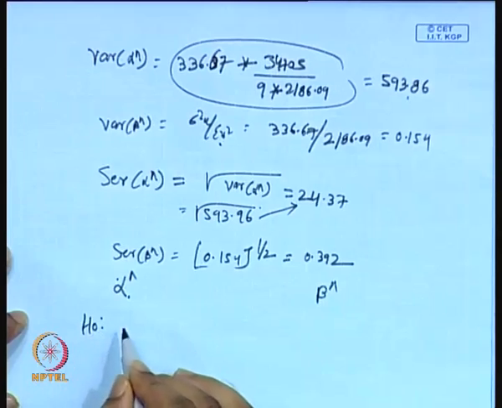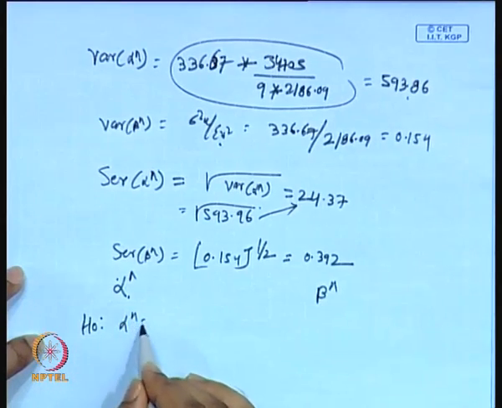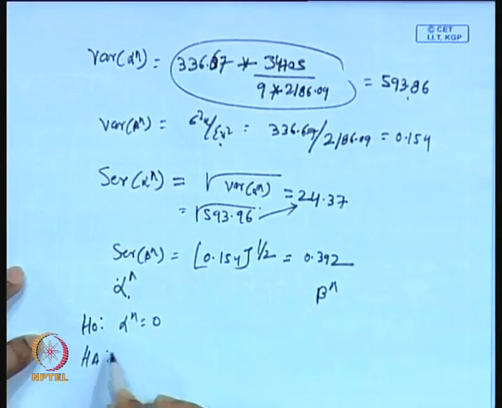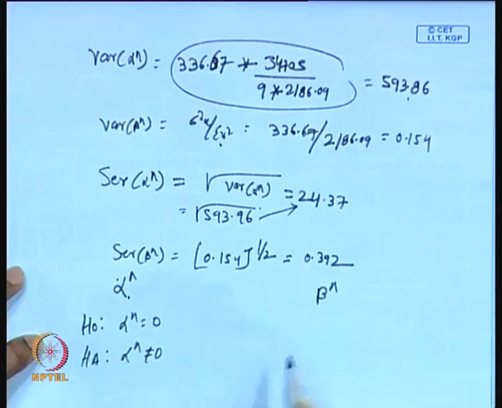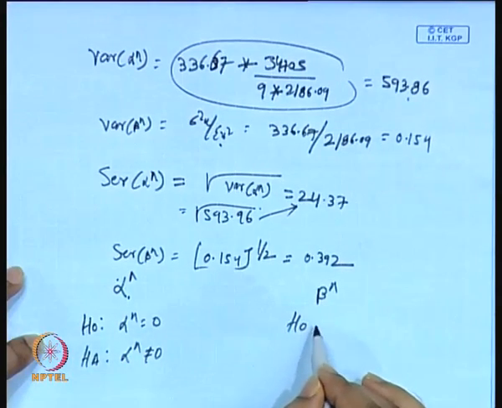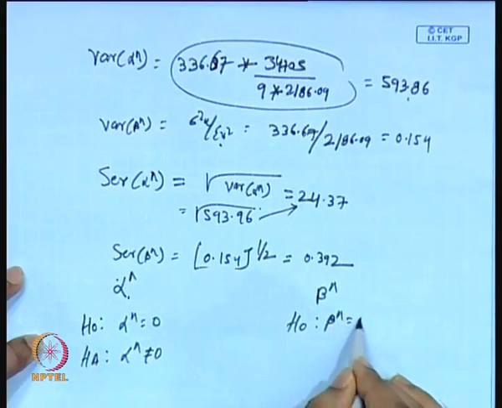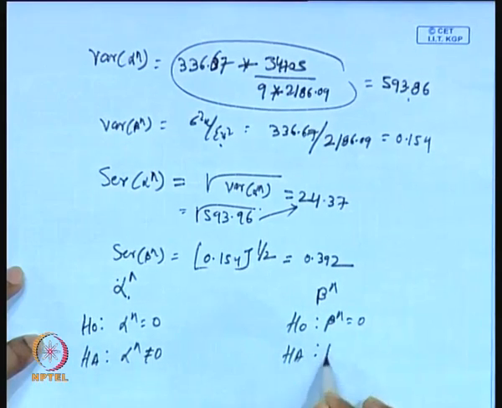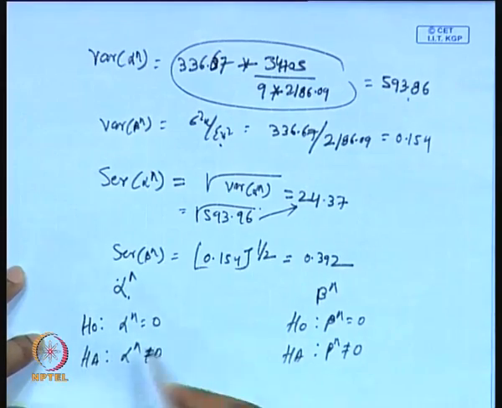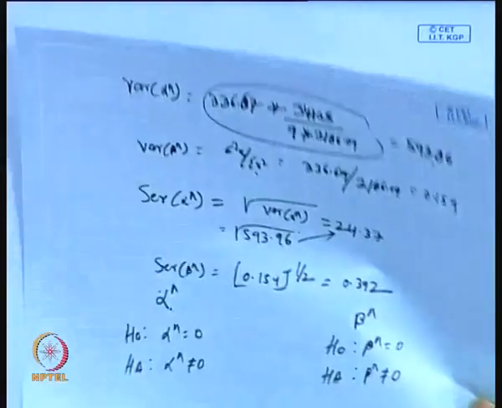So, for alpha head we assume the null hypothesis alpha head equal to 0 against the alternative hypothesis alpha head not equal to 0, and similarly for beta head, H 0: beta head equal to 0 and the alternative hypothesis beta head not equal to 0.